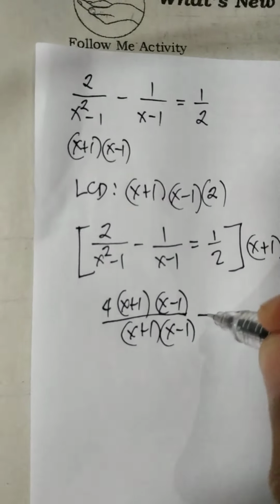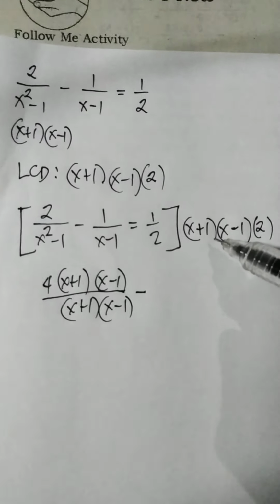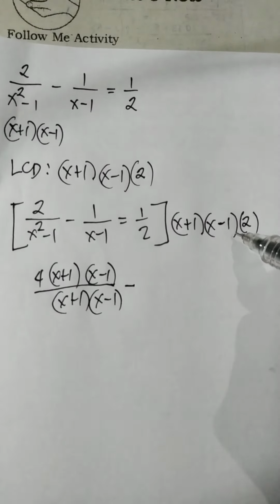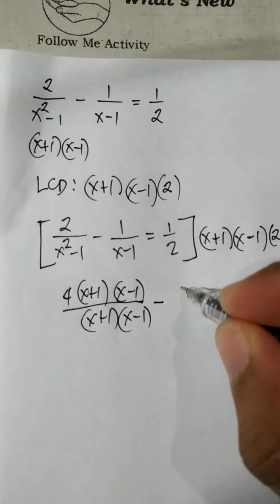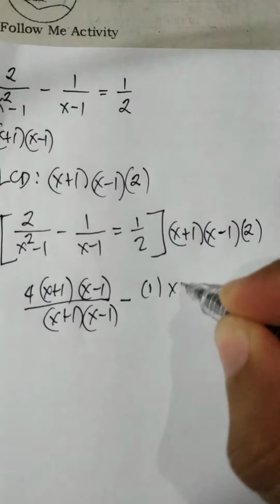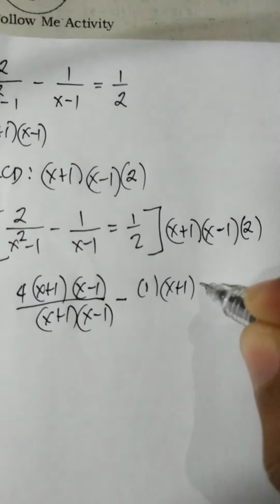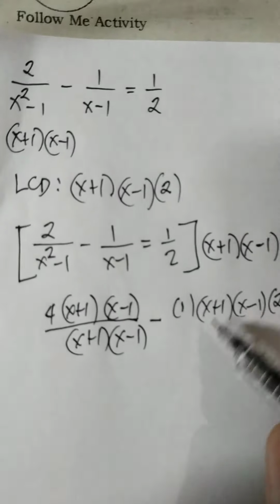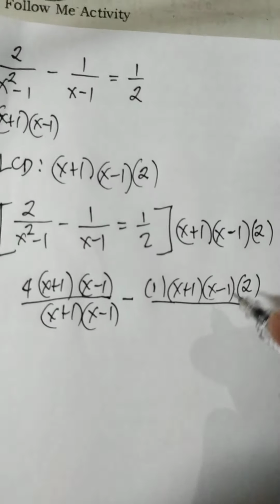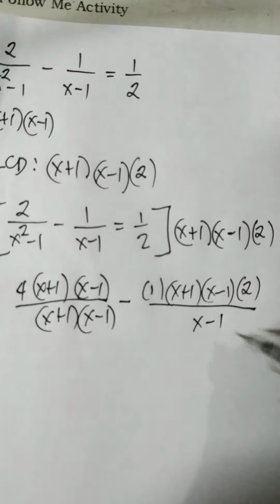Then next will be minus, kanina po siya, x plus 1 times x minus 1 times 2, multiply na po nato diri. So we'll have 1 times x plus 1 times x minus 1 times 2 divided by x minus 1.